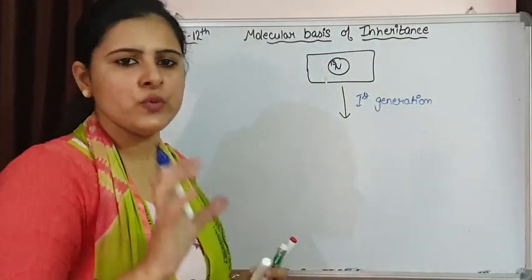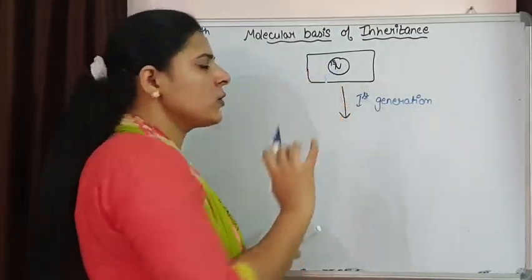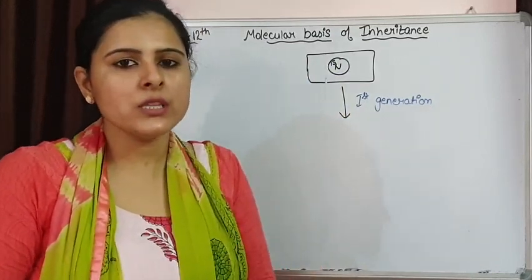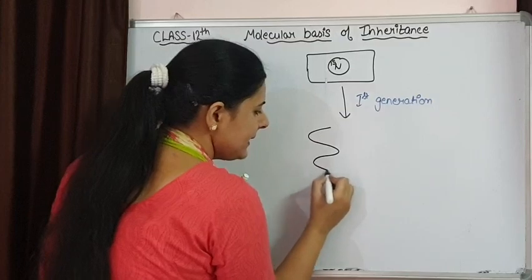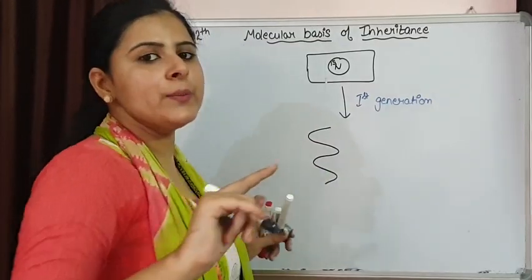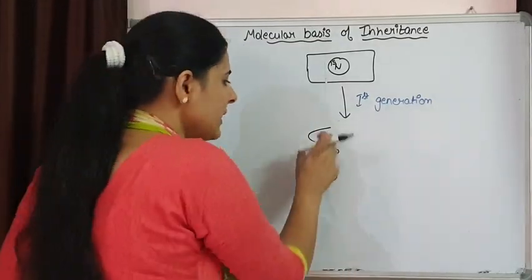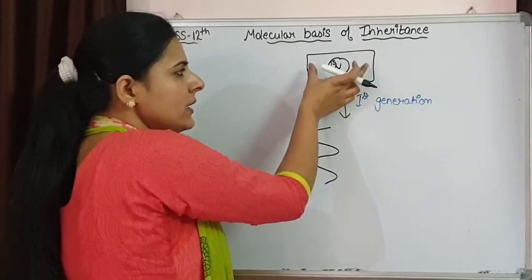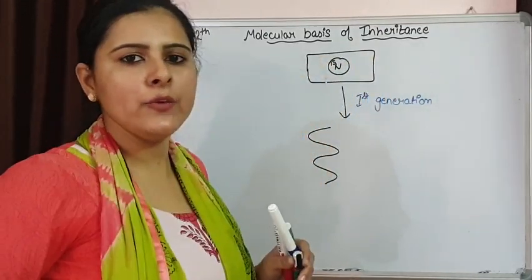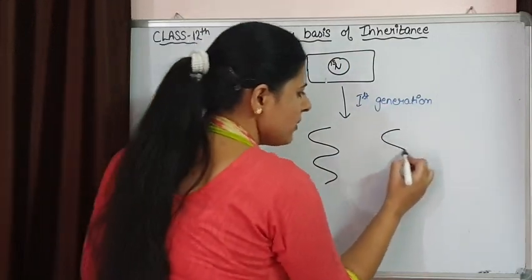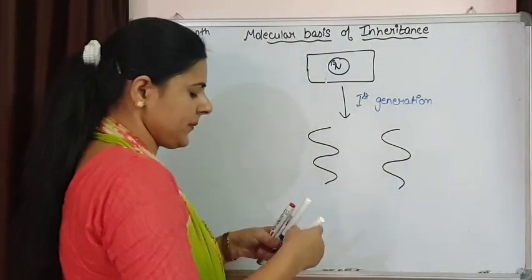After one generation, they observed that the DNA was intermediate between the N15 and N14. Why? Because this was the situation.